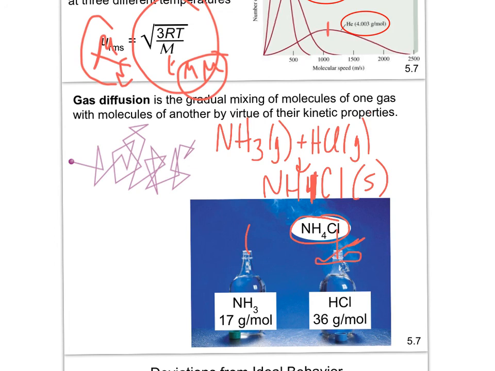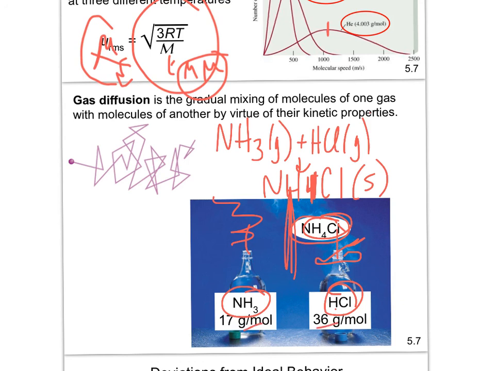Now, what you notice is it's closer to the HCl side. So you can conclude if it happened exactly in the middle, they would be moving at the same velocity and diffusing across the room at the same speed. But because it's happening over here, closer to the HCl, you can conclude that the NH3 is a lighter gas. And that is true when you look at the molar masses.